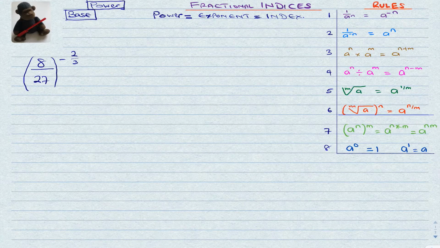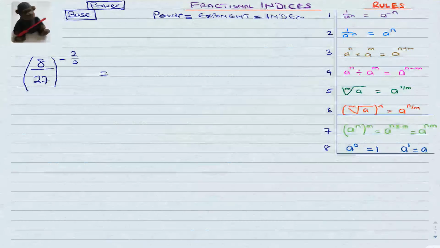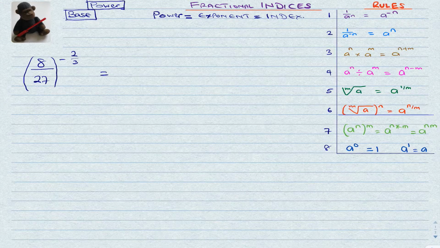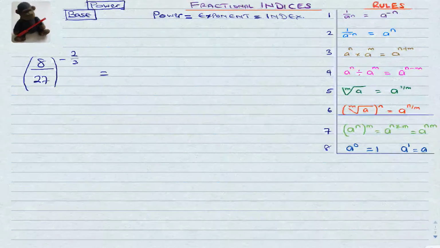Okay, this is another question, very similar to what we did earlier, except that the power is -2/3. Okay, so what we can do is basically apply rule number 2, because A in this case in number 2 is 8/27 and N is 2/3.